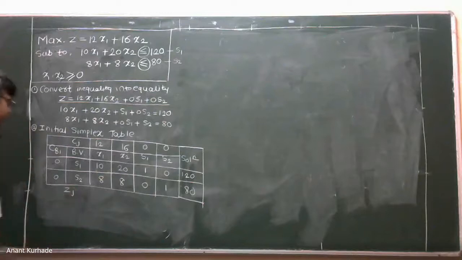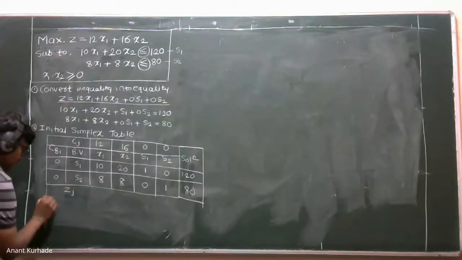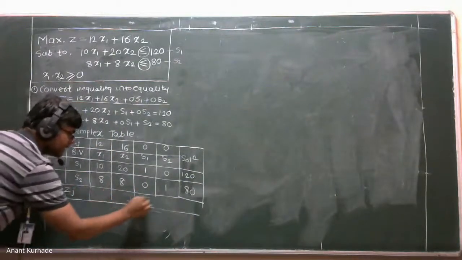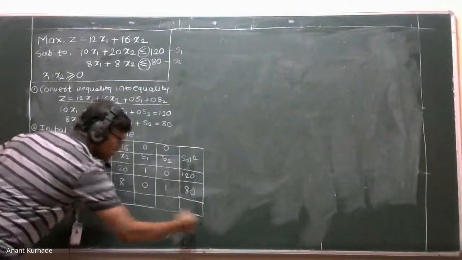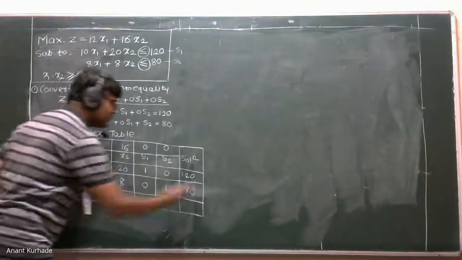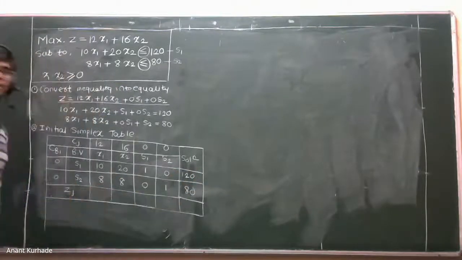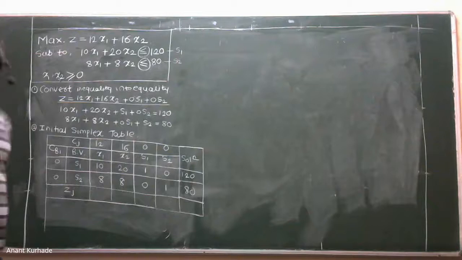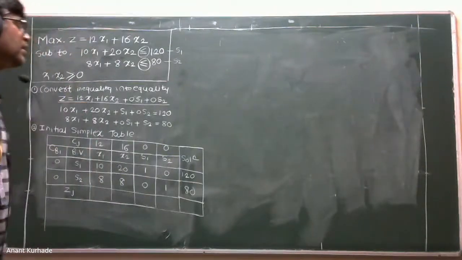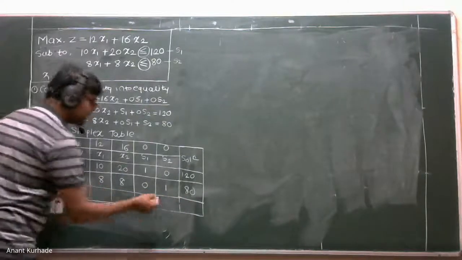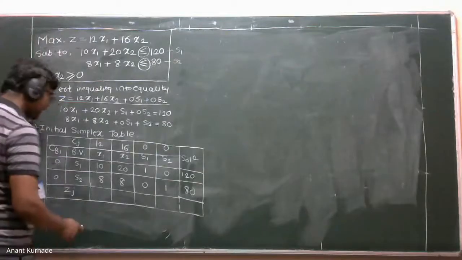So it is very important how we are finding Zj. For the first simplex table, what are the values of Zj? Please answer this. It is 0, 0, 0.